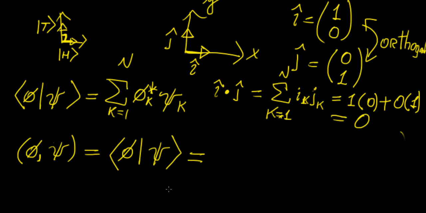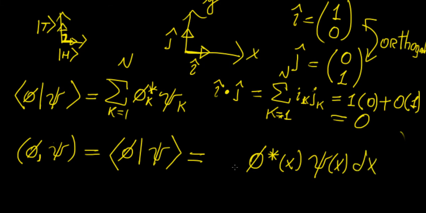And we're going to say that instead of having a sum, we're going to integrate over the two functions. So we're going to have our complex conjugate here. This is going to be a function of x. We're going to multiply it by the function psi of x, because remember, now we're not adding finite points, we're integrating over the whole domain of these functions with respect to x.